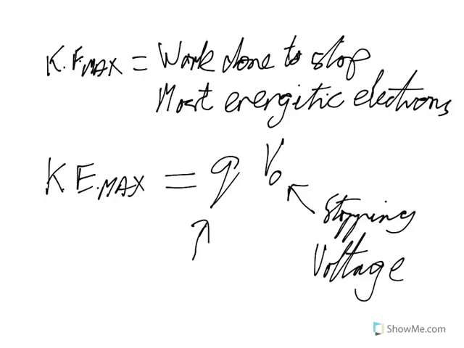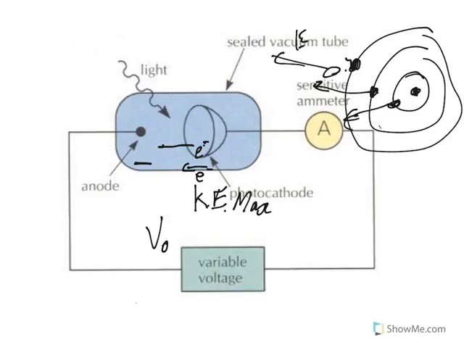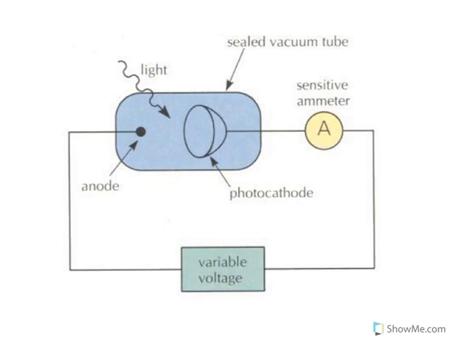Alright, so what they also found when they were shining this light on here was that for a particular photocathode, a particular material, for some light it didn't matter how strong and how bright it was, you wouldn't get anything out, which seemed a bit strange.